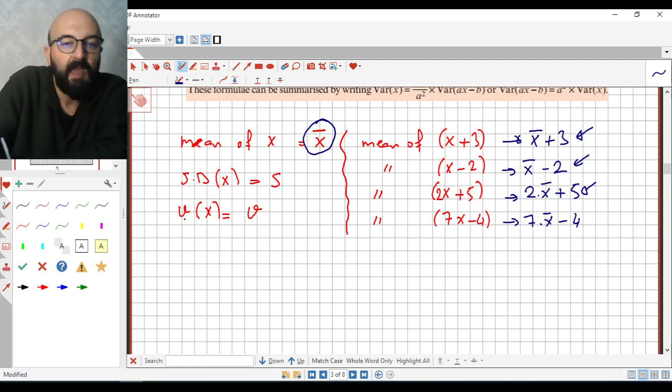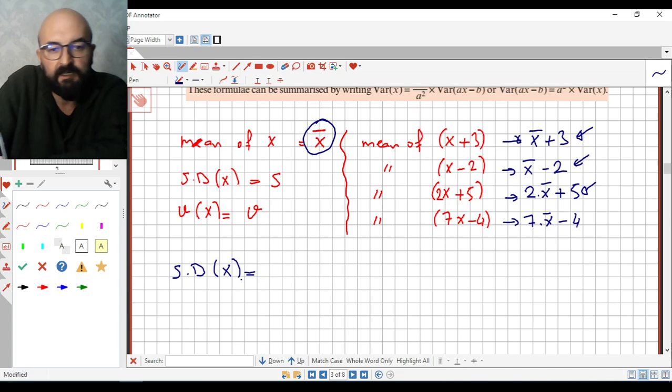Okay, and for example, the standard deviation of x, we set that as s.